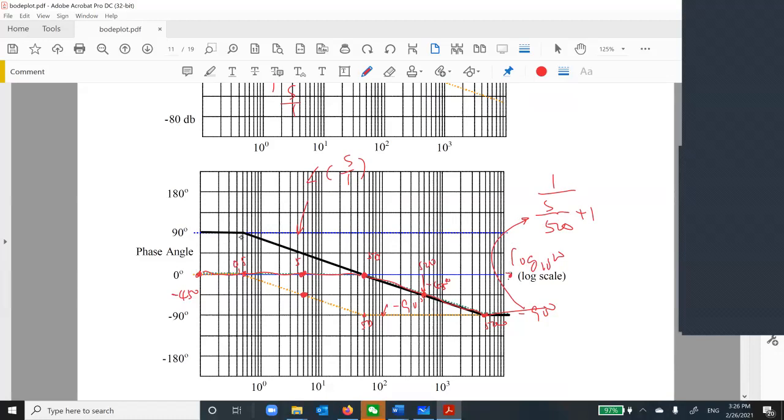Everything is 0 here. This is 90. So I keep 90 here. Until I see it going down, I also go down. Go down to the point here. Then this is constant.